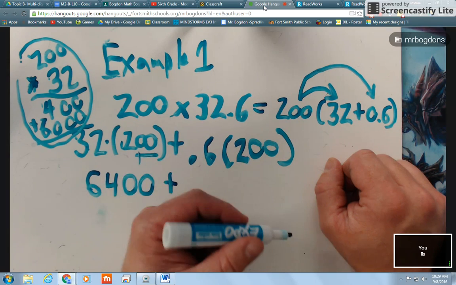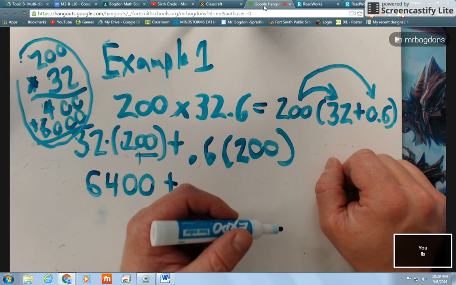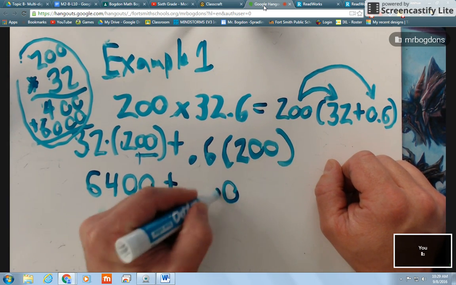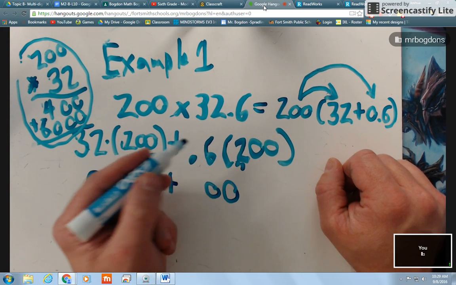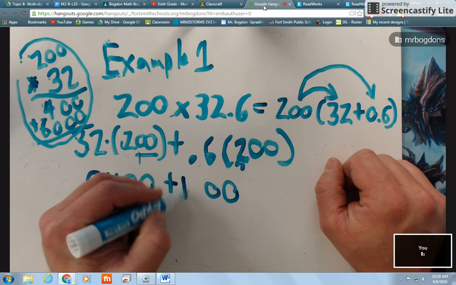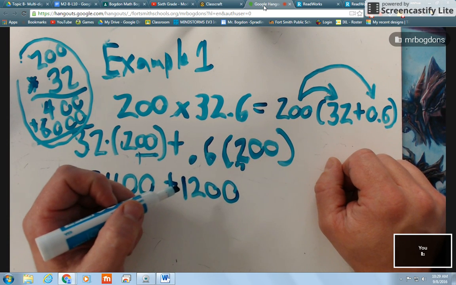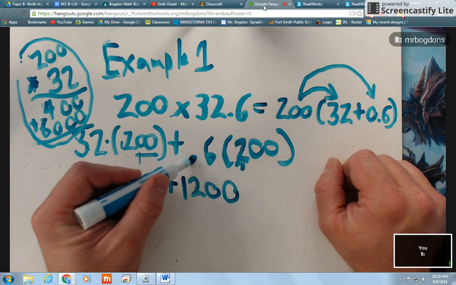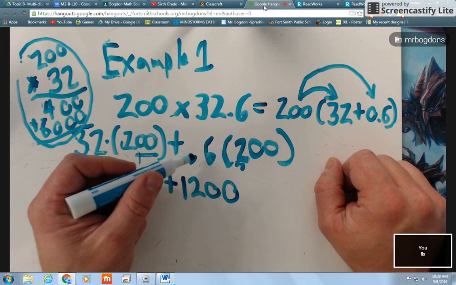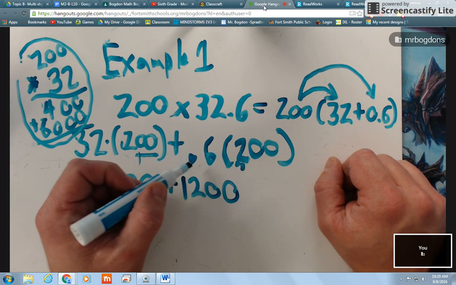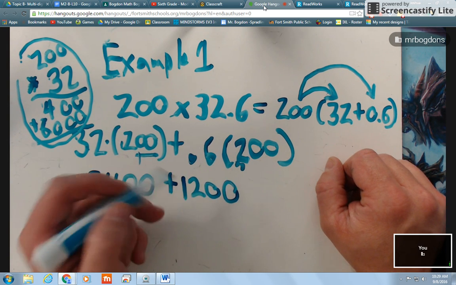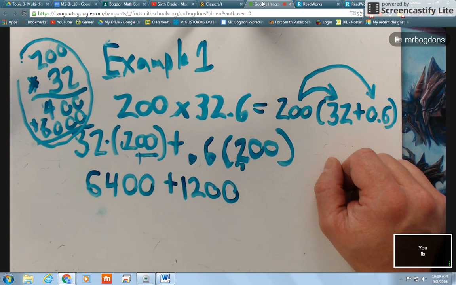Okay, how many zeros do I see? 2. So I can write down 2 zeros. Then I multiply my digit 2 times 6. What is 2 times 6? 12. Okay. But I see that I had a decimal here, right? So I know that anytime I'm doing multiplication, I have to pretend as if I don't have my decimals, right?